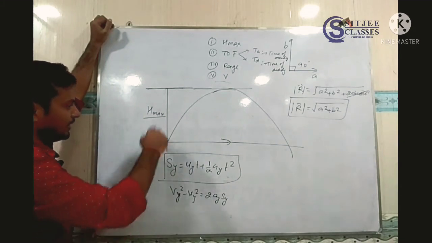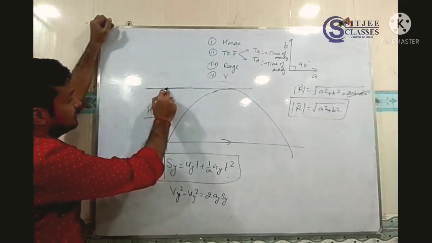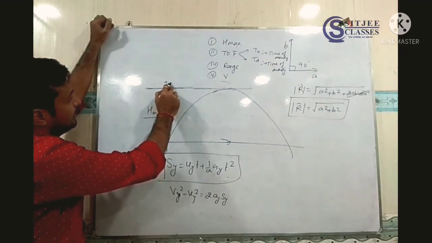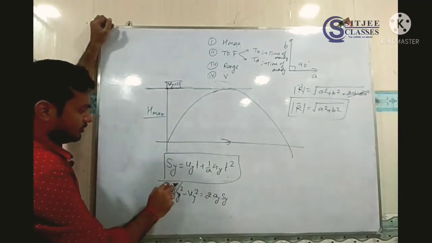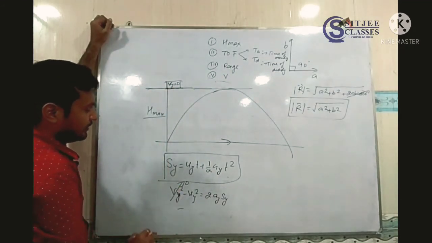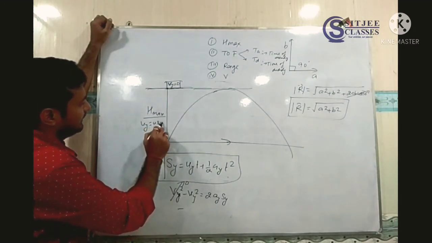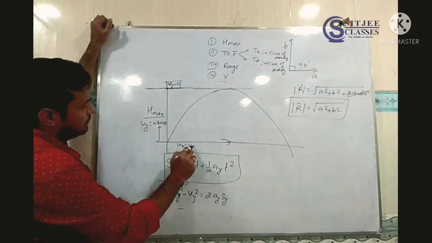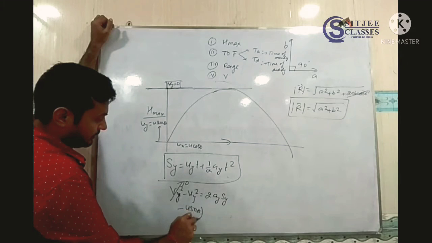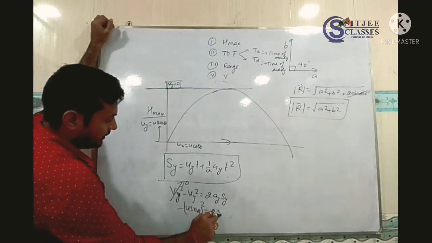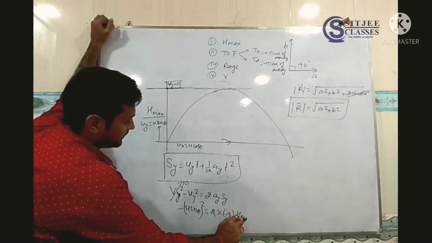Now listen, in the y direction, when the particle reaches this point, which is actually called H max, what is the velocity in the y direction? Final velocity. This is actually 0 when it reaches H max. So we'll assume this to be 0. Then minus uy squared. Uy, if you remember, we had uy equal to u sin theta and ux was u cos theta. Let us substitute here. So 0 minus (u sin theta) square equal to 2 into ay, which is minus g, and sy is H max.